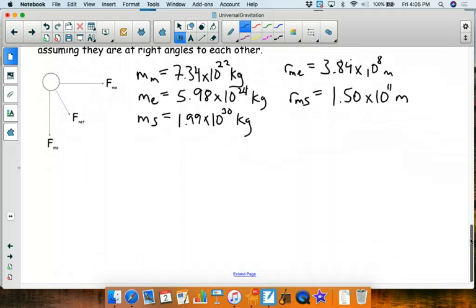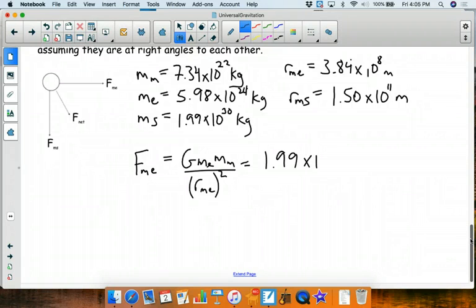So from that we can say that the force on the moon from the Earth is G times the mass of the Earth times the mass of the moon all over the distance between the moon and the Earth squared. Okay, and when you plug all of that in, you'll get 1.99 times 10 to the 20 newtons.